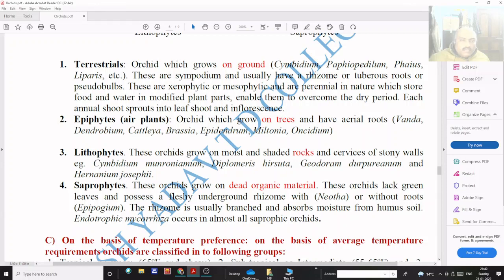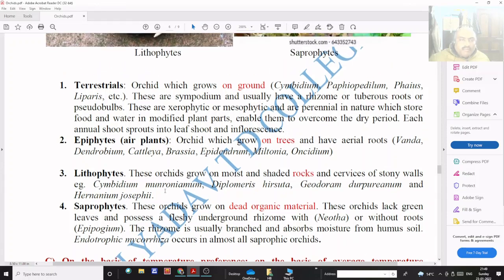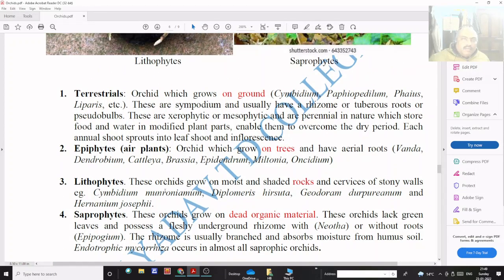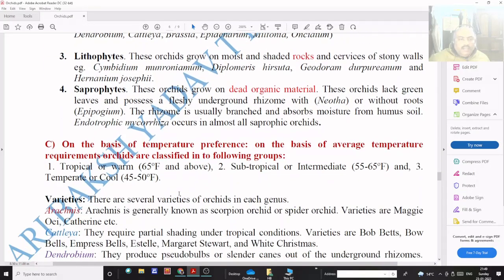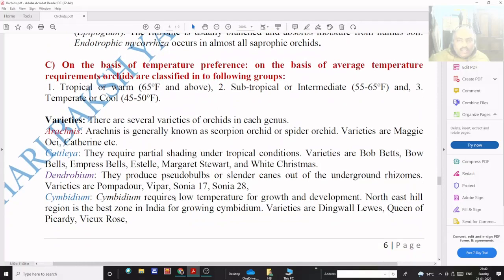These are the types classified on the basis of their habitat. Now come to the classification made on the basis of their temperature preferences. Some orchids prefer a warmer climate.